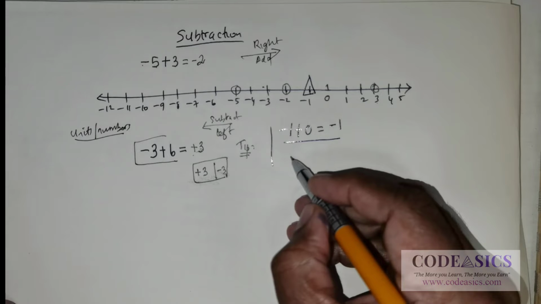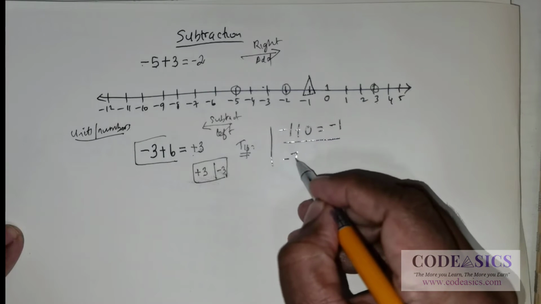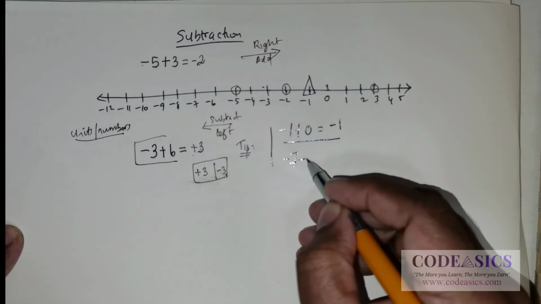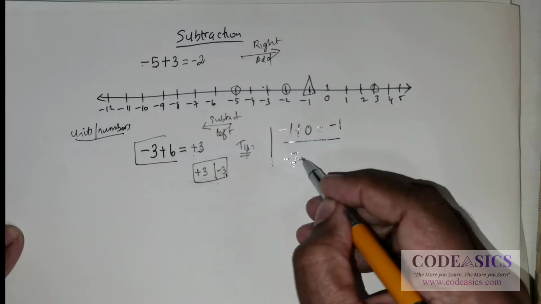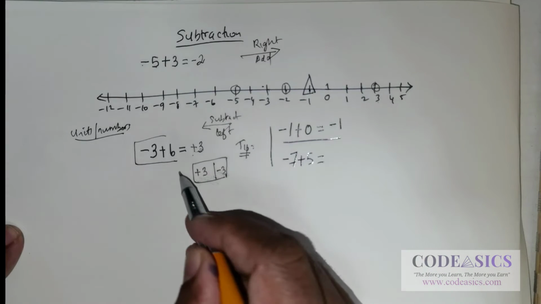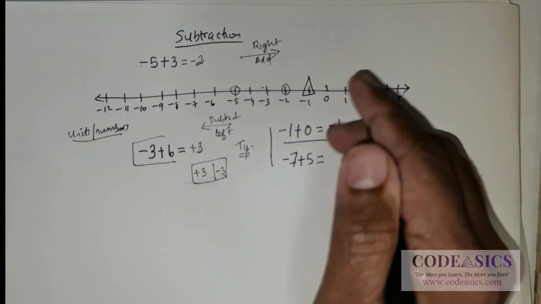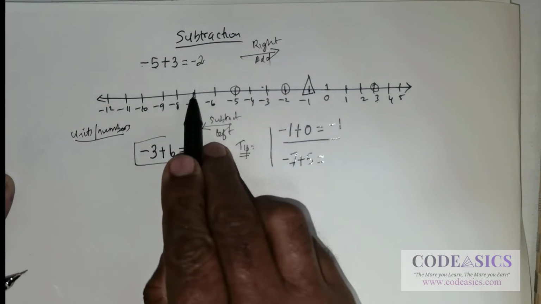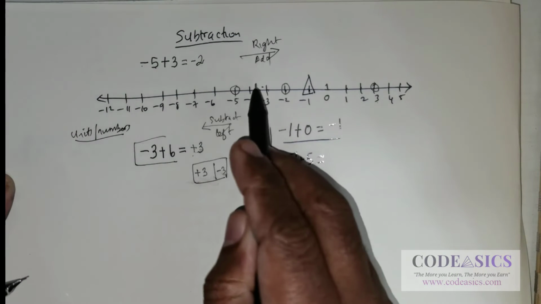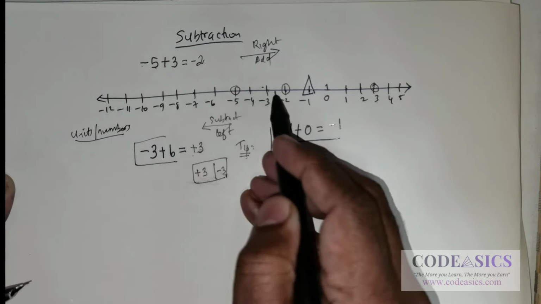Now what if someone wants to add -7 with +5? So what would be the outcome? Go to -7, look for -7. I have -7 over here. From here you're adding 5, so it's always on the right side. So count 5 units on the right.